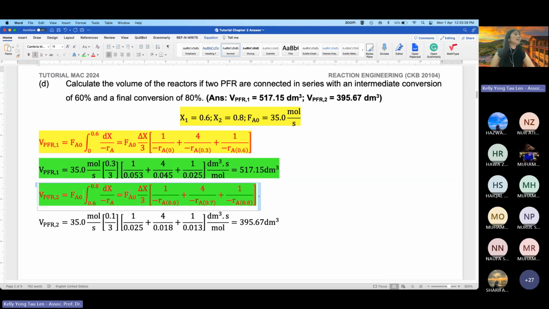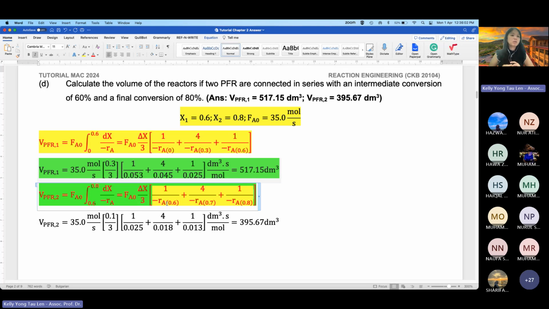Okay, so delta x is still the same. FA naught is still the same. Delta x per 3 is there. We will discuss later how to find delta x per 3. But let us focus on the 3 points behind. So the 3 points behind is the one that you cannot make a mistake on. So the first point will be 1 per minus RA at my x1 or my bottom limit, which is x1.